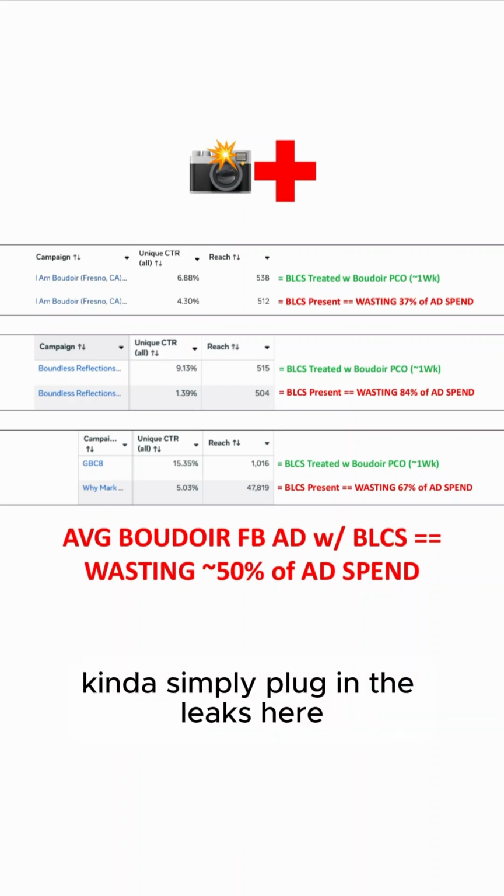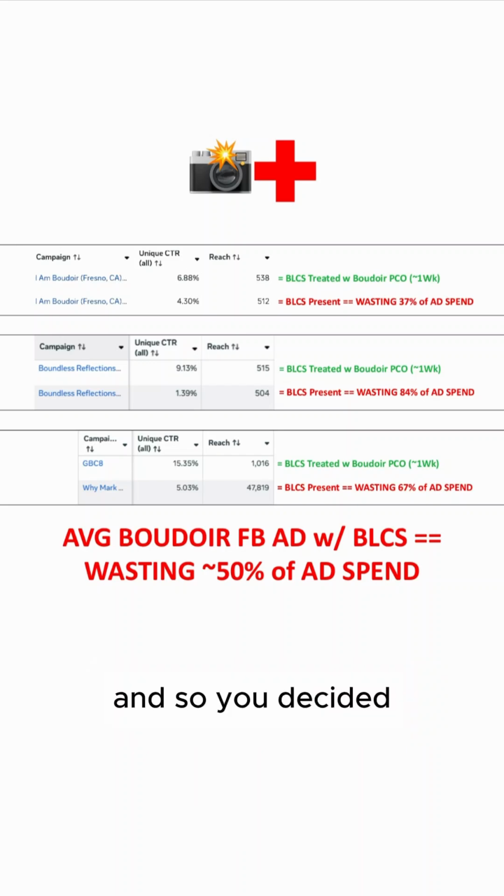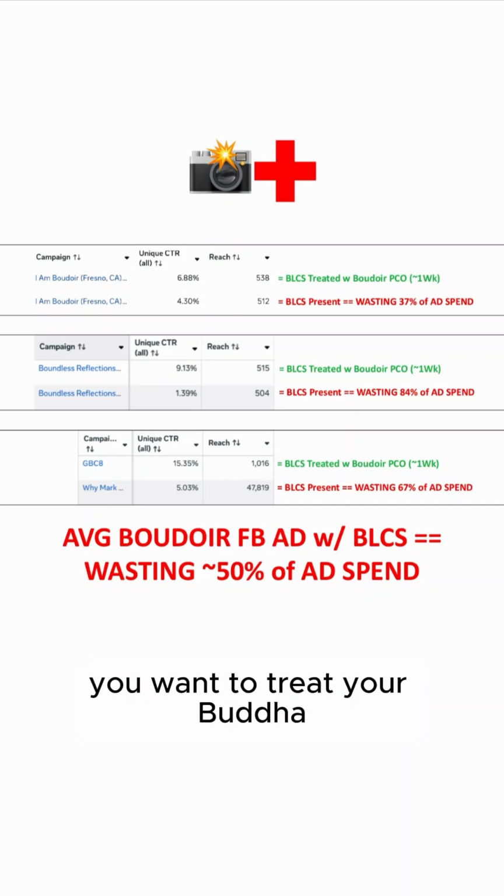Kind of simply plug in the leaks here with Boudoir Pico treatment. And so you've decided you want to treat your Boudoir Facebook ads with Boudoir Pico so you can achieve pre-click alignment, become a dominant Boudoir advertiser, and achieve Boudoir brain entry boost.